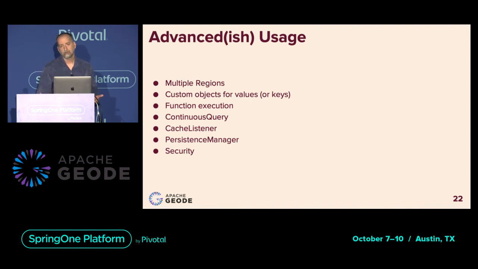Security is a big one. If you are going to push your code to PCC, steel toe, what have you, all of our cloud environments use a basic security called a security manager on the server side, and then you would need to create an object called an auth initialize object in the client, and the native client will ask for credentials.